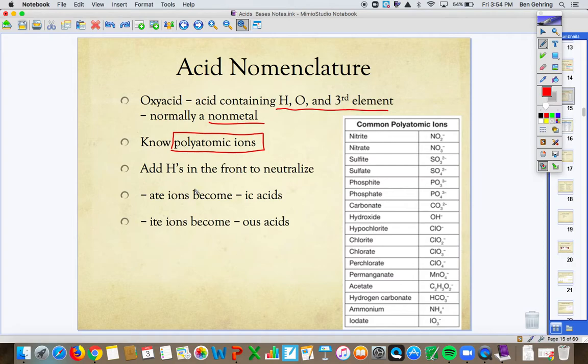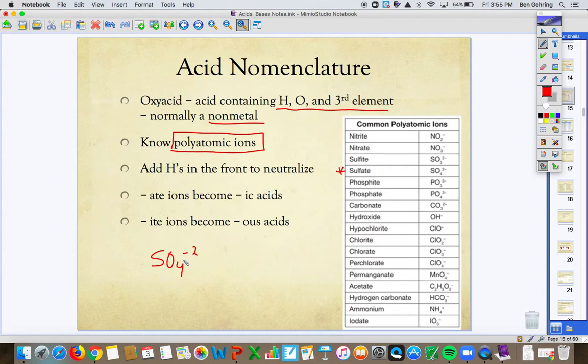And then all of your ate ions become ic acids, and all of your ite ions become ous acids. So we'll look at some examples of this. For example, let's start with sulfate. So sulfate is SO4 with a -2 charge. Step 1 is add H's, hydrogens, to the front in order to neutralize. Hydrogen's got a charge of +1.